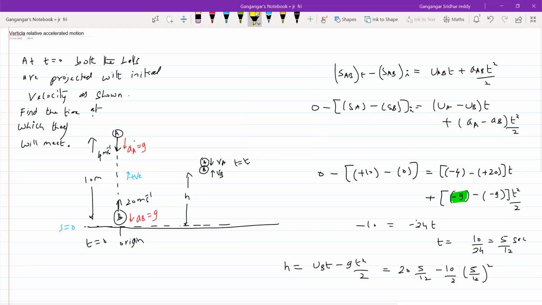I'll just mark them so that it will be very easy for you. It's all about the formula. The total relative motion is just formula based. Nothing big.